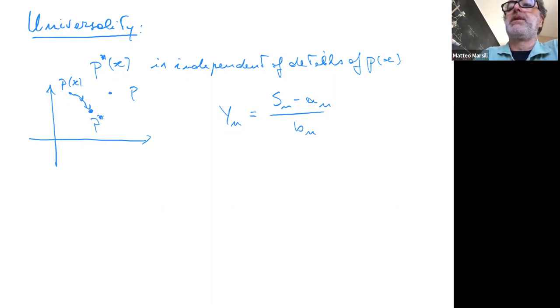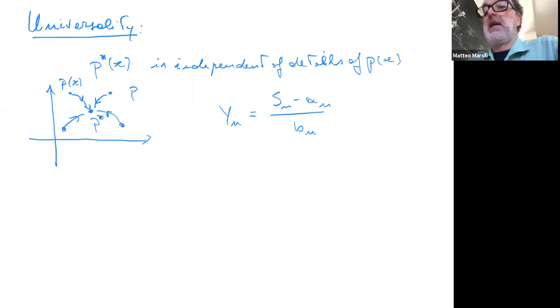And if you start from a different distribution, you end up on the same asymptotic distribution P star. So I would like to discuss how this behavior happens.